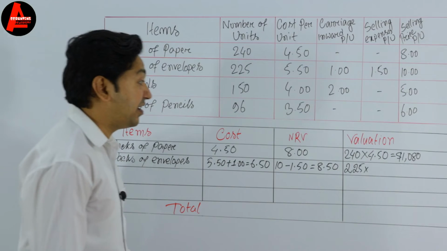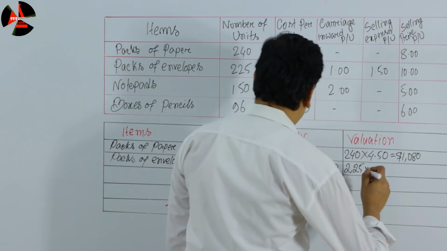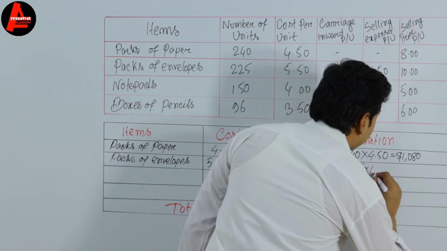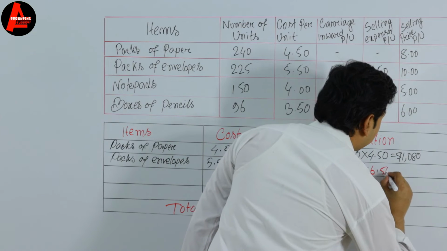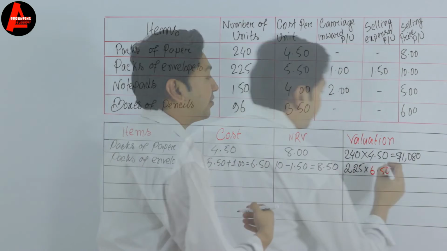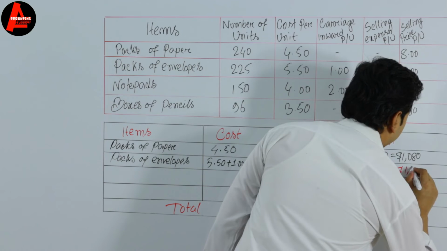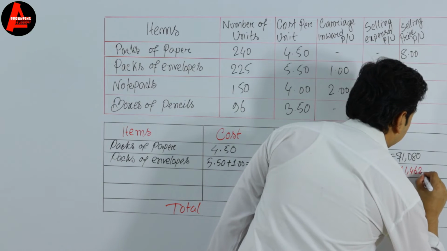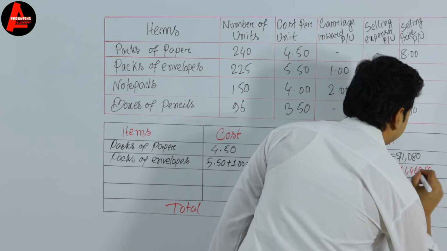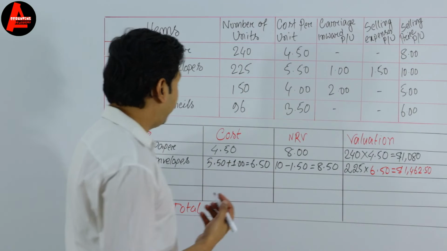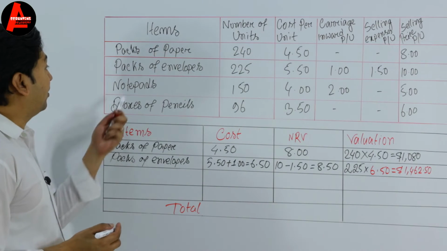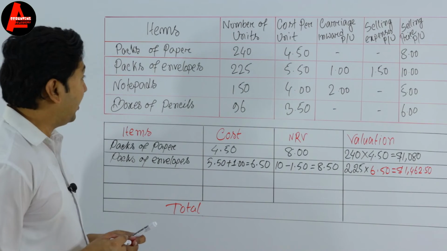We will multiply the cost price by the units. So if we multiply, our inventory value is 1462.50.